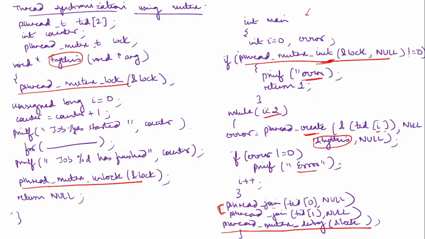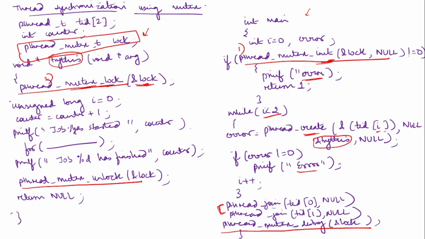Inside it, I lock the mutex object by passing the parameter lock. This is the lock here, which I have defined as a global variable. I use the lock function, pass this particular address, and I first lock my mutex.